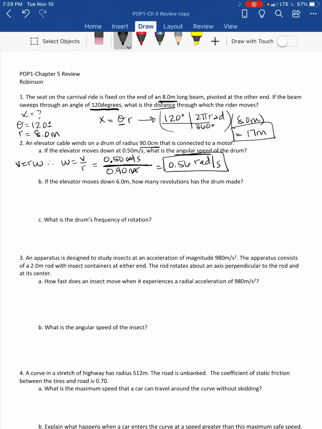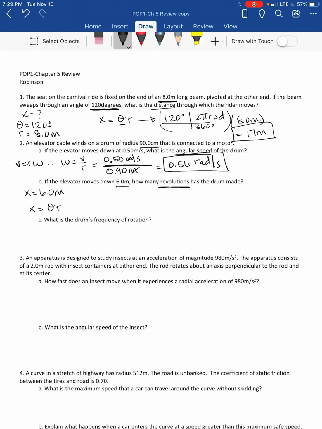Okay. The next question is asking us to find, if the elevator moves down 6 meters, how many revolutions has the drum made? So this is wanting us to find revolutions. Okay, so it's giving us 6 meters. 6 meters is a linear distance, right? So do we have an equation that can get us from linear to circular? It's this exact same equation as number 1.